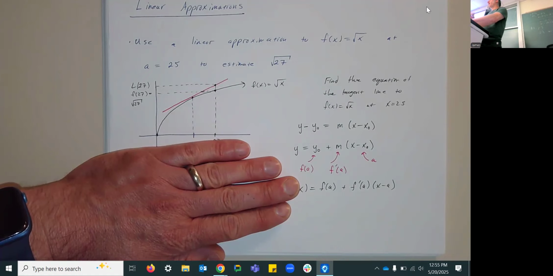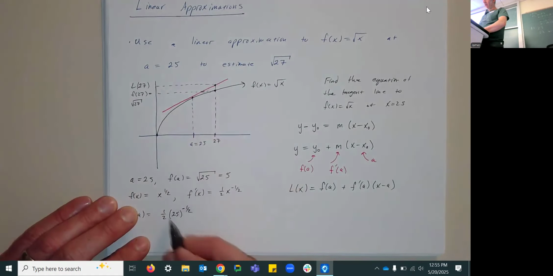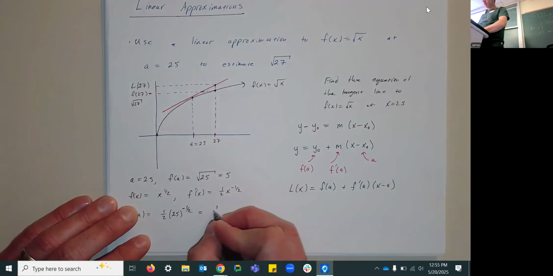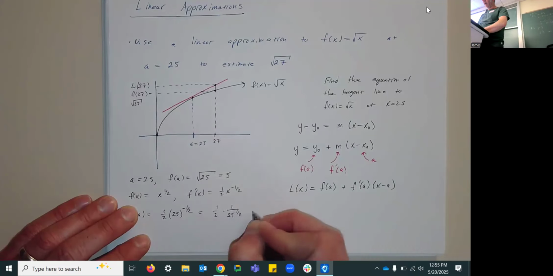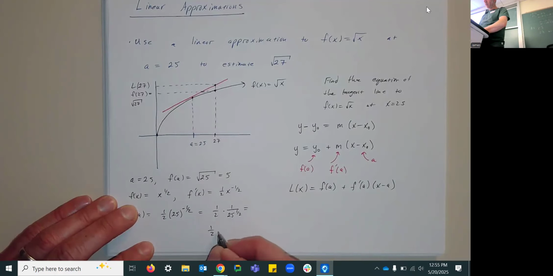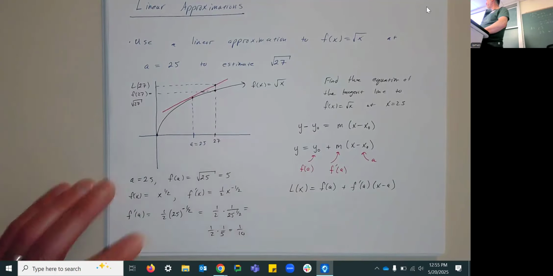Okay, so if 25 to the 1/2 is 5, 25 to the negative 1/2 power should be the reciprocal of that, 1/5. So this 25 to the negative 1/2 is really the same as 1 over 25 to the positive 1/2, which is 1/5. And then 1/2 times 1/5 is 1/10.